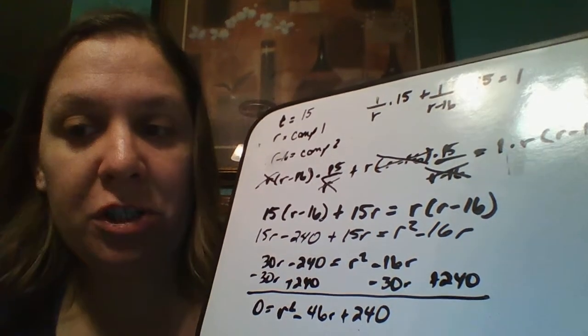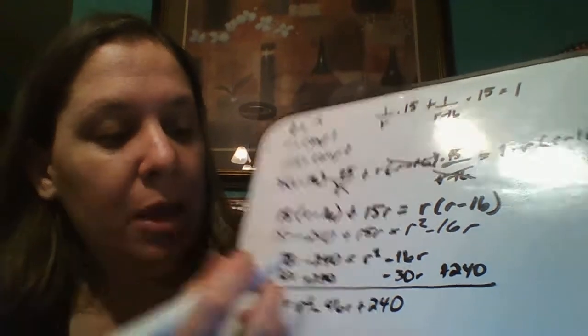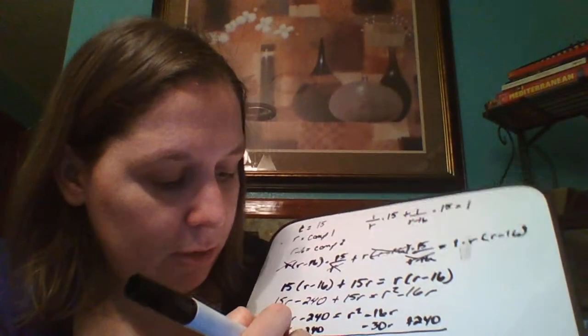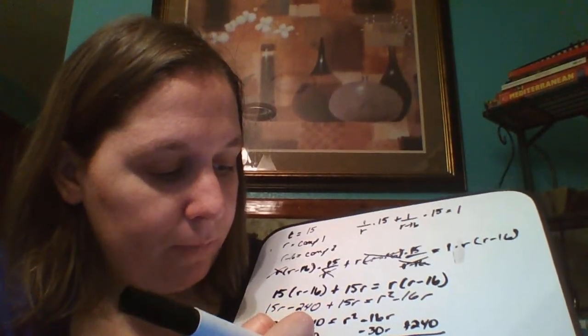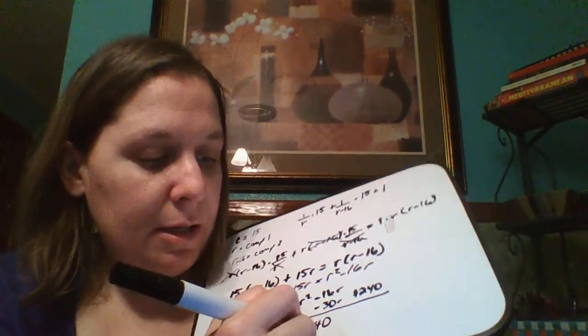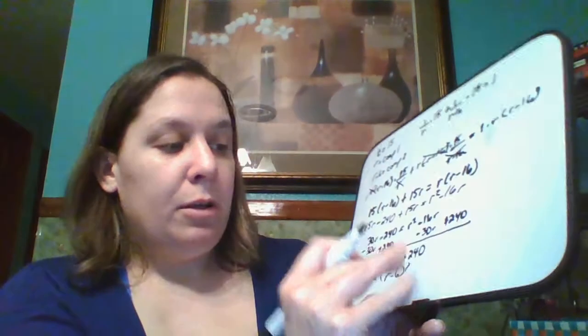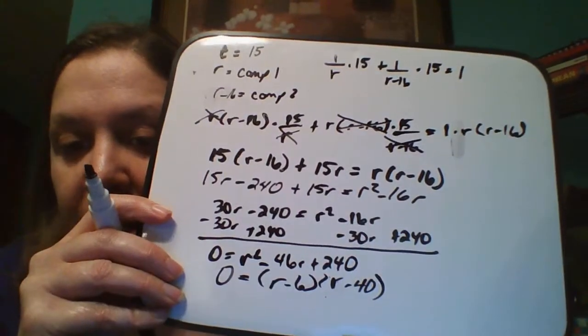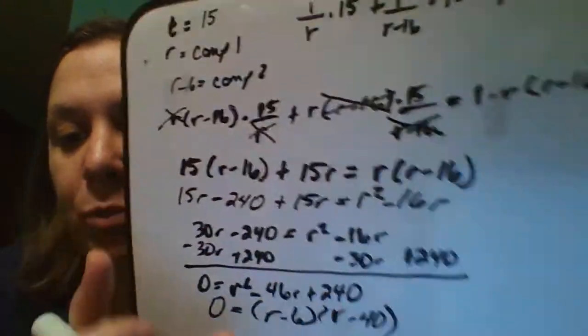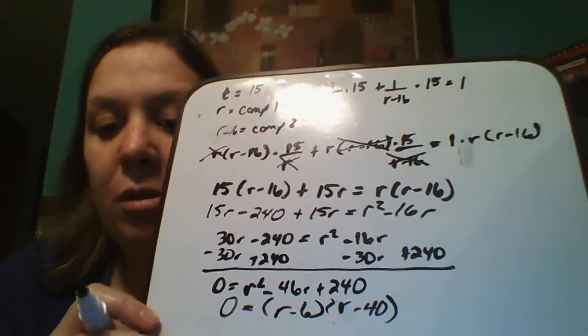And since I have a coefficient of 1 here, this can factor directly into 0 equals r minus 6 and r minus 40. Sorry, trying to write and video at the same time here. So that's what we end up factoring that into. And now we apply the zero product principle, set each one of those equal to 0, and solve.